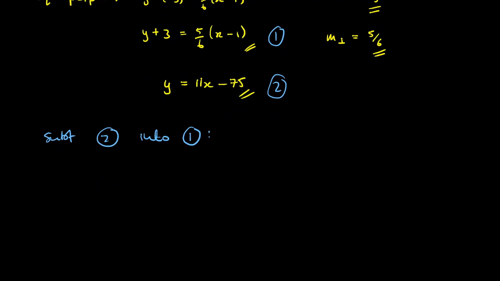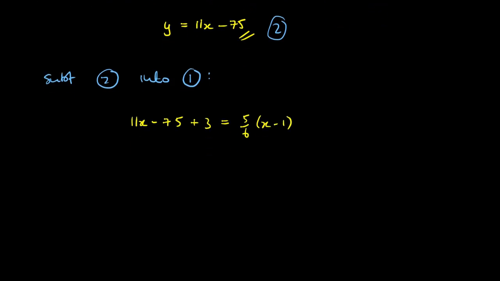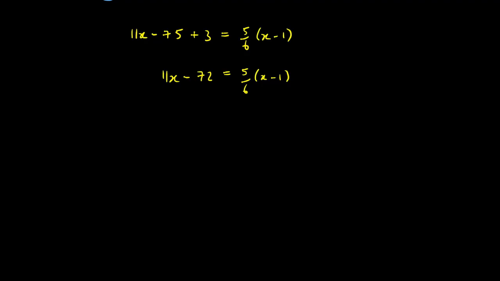Well, we will write 11x minus 75 plus 3 is equal to 5/6 of x minus 1. So simplifying this, we've got 11x minus 72 is equal to 5/6 of x minus 1. And I think I'll multiply both sides by 6. So 11 times 6 is 66x.